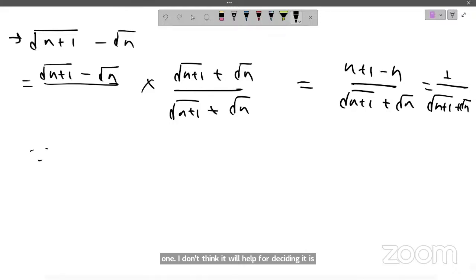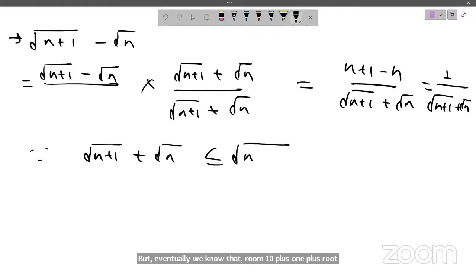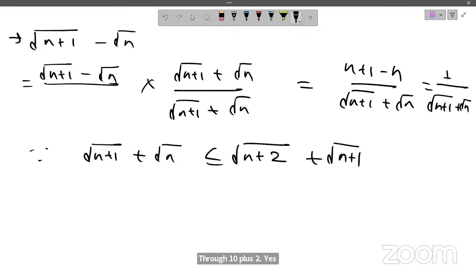But eventually we know that root n plus 1 plus root n is less than or equal to root n plus 2 plus root n plus 1, right? Because here we are adding some lesser term and here we are adding some bigger term. Obviously root n is less than or equal to root n plus 2.